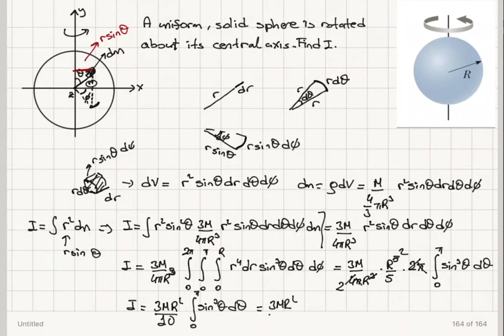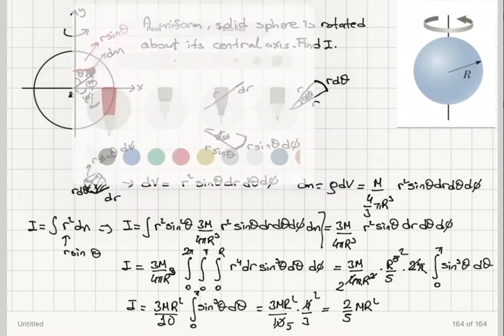So it's 3M R squared over 10 times 4 over 3. So this 4 will give me a 2, this will give me a 5, so it's going to be 2 over 5 M R squared.